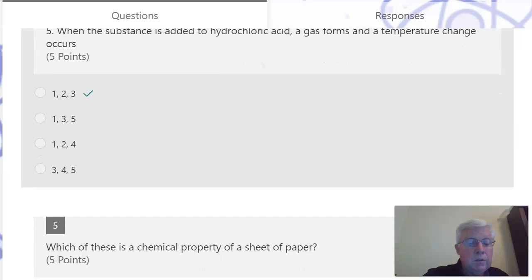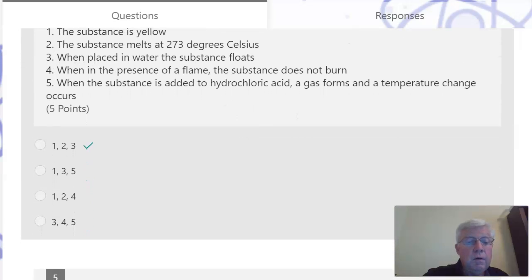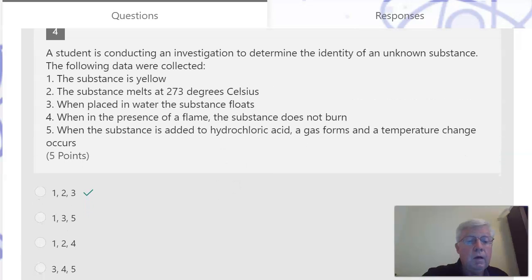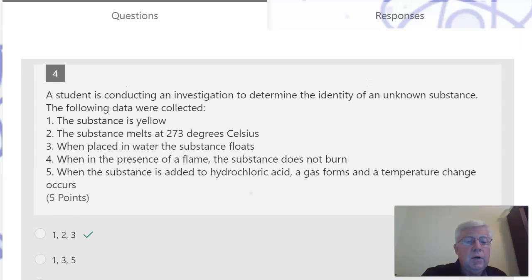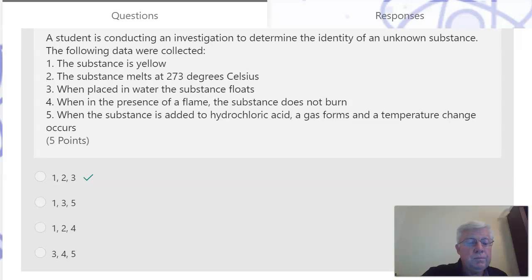So let's look at what the question is. The best answer for number 4 is 1, 2, and 3. I get it now when some of my students said they didn't see the question on there either. So yes, 1, 2, and 3 are the physical properties.